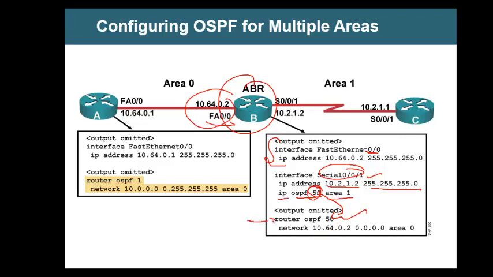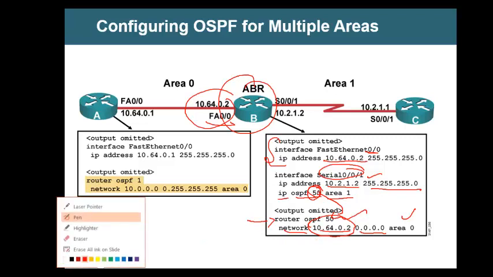This is router mode, network 10.64.0.2, and we put the complete /32 mask and area 0. What does this mean? This means that any interface that matches all 4 octets should be part of OSPF.